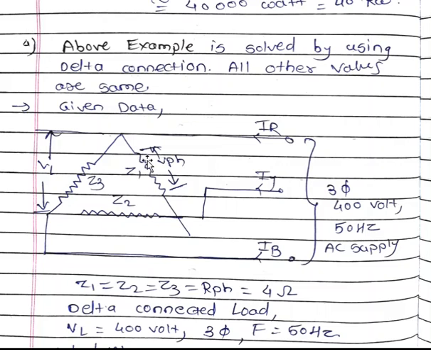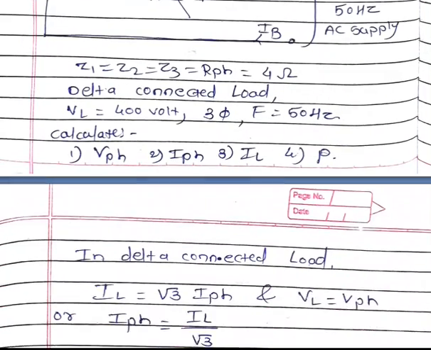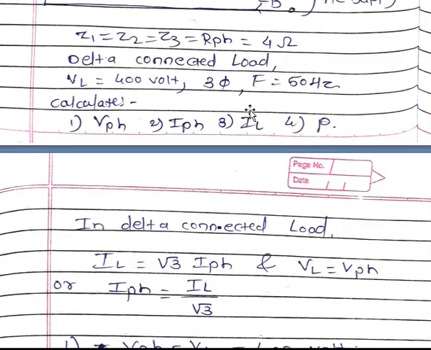But the values are the same because the delta connected load is balanced. Therefore, Z1 is equal to Z2 is equal to Z3 is equal to RPH, which is equal to 4 ohm. The value of resistance is 4 ohm. Now, the line voltage is equal to 400 volt, 3 phase, 50 hertz supply. Now we calculate VPH, IPH, IL and power consumed.